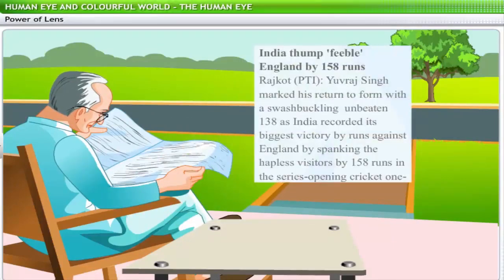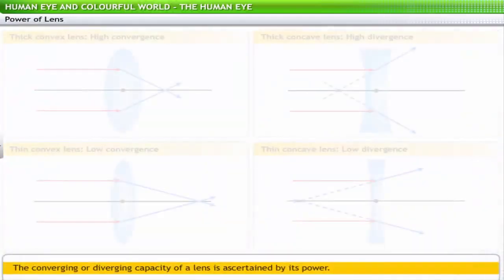So, exactly how thin or thick does a lens need to be? This depends on the power of the lens required, that is, the converging or diverging capacity required. The converging or diverging capacity depends on its focal length.